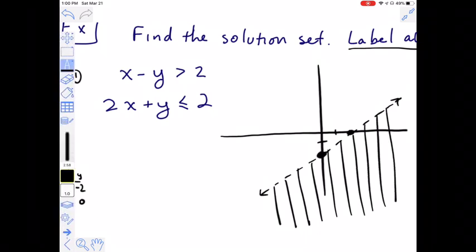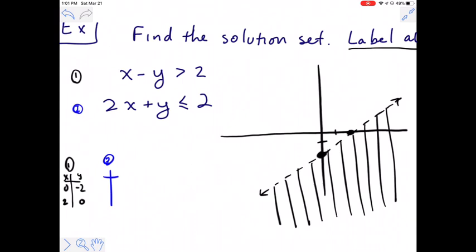Okay, for the second inequality, 2x plus y is less than or equal to 2. If I made a list of points here, if I wanted to find the x-intercept, I'm going to let y equal 0. So if I let y equal 0 here, then I have 2x equals 2, so x equals 1.